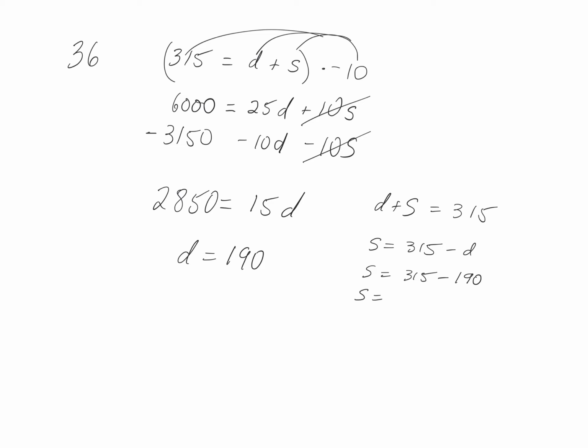So the number of shirts is going to be equal to 125. And so the difference between 125 and 190 is going to be 65. You do 190 minus 125 equals 65. So how many more dresses than shirts did the buyer purchase? 65 more.